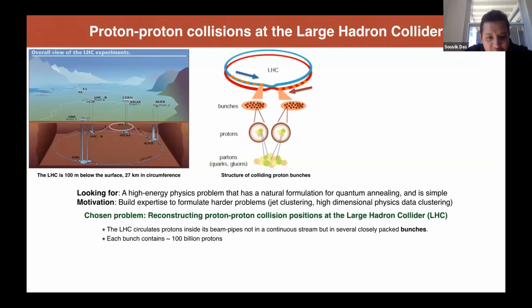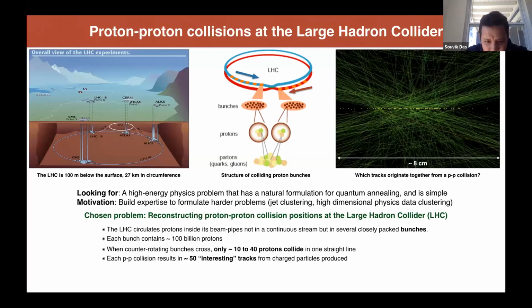The problem we chose was reconstructing proton-proton collision positions at the LHC. The LHC circulates protons inside beam pipes, not in a continuous stream, but in several closely packed bunches. Each bunch contains about 100 billion protons. When they come together, they will collide maybe about 10 to 40 times. There will be about a few dozen proton collisions at a given bunch crossing along one straight line.